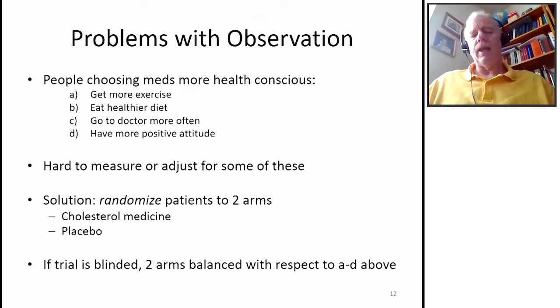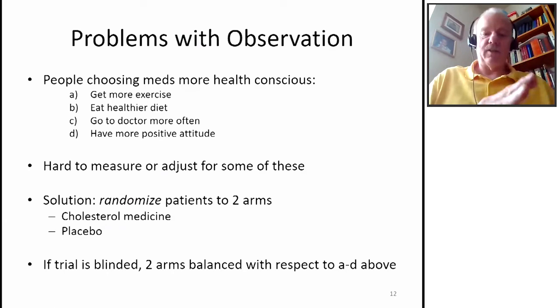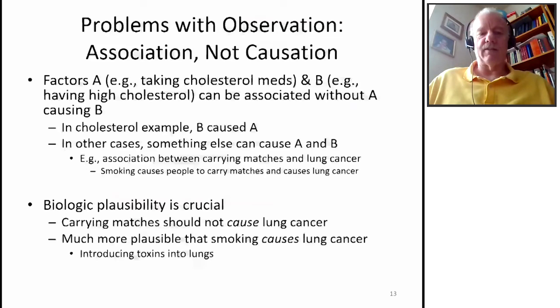And then if the trial is blinded, in other words, they don't know whether they're getting a placebo or they're getting the active medication, then the two arms are going to be balanced with respect to the percentage of people who get more exercise and who eat healthier, and even the percentage of people who have a positive attitude should be very similar because a coin flip is deciding which group they get into. So there shouldn't be any systematic differences.